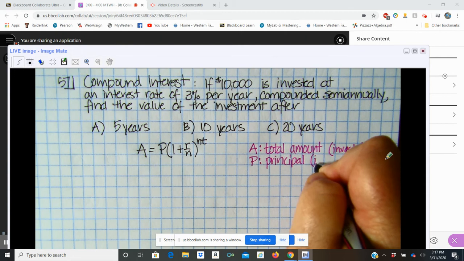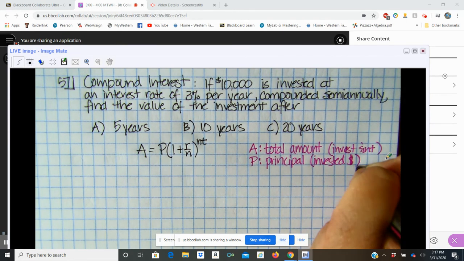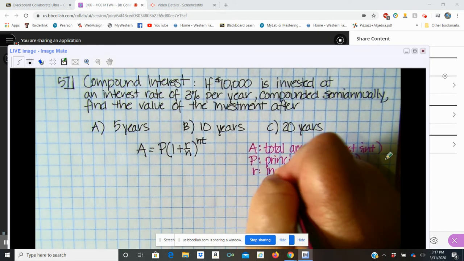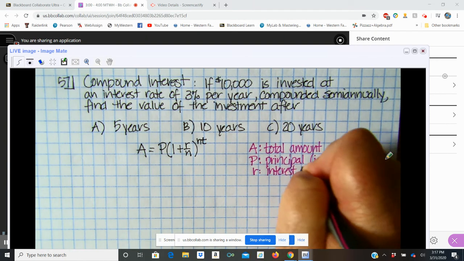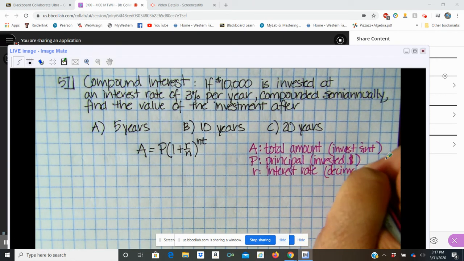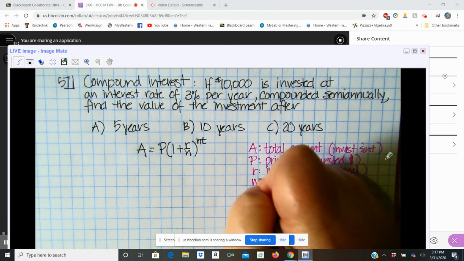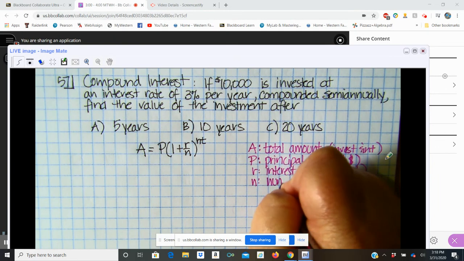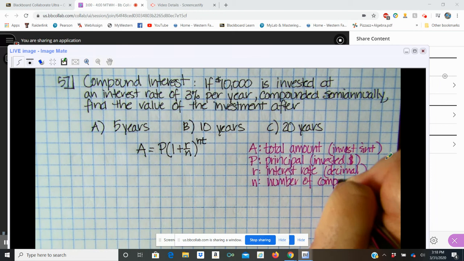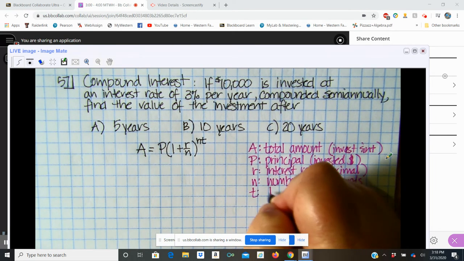That's the money invested. R is your interest rate, but we put it in decimal form, not as a percent. N is the number of compounds. And T is time in years.